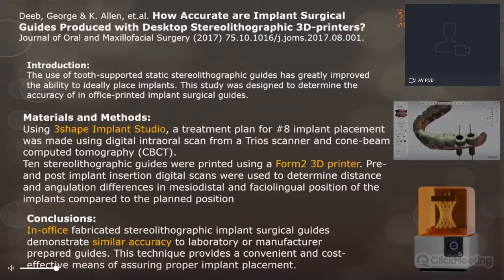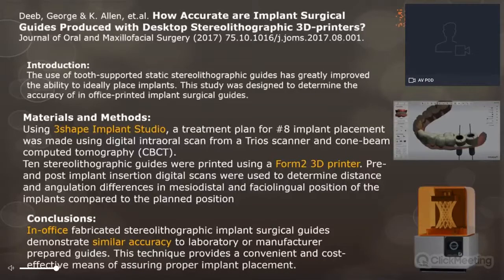When we look at this paper, how accurate are implant surgical guides produced with desktop SLA printers? In this study, they used a 3Shape Implant Studio software with a Form 2 3D printer. This is 2017, and again, it's been a massive evolution of the printers as well, and really affordable printers from £250.